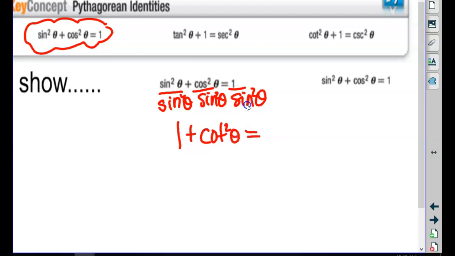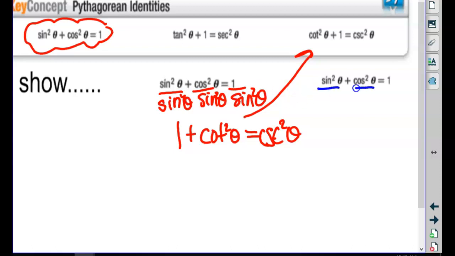And 1 over sine squared? Cosecant squared, yes. So I developed this one, not this one. Okay? All right. Now, I developed it by dividing all of them by sine squared.